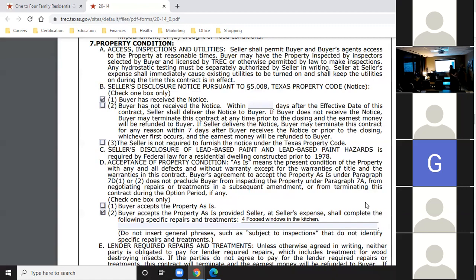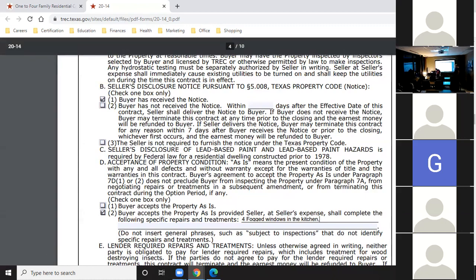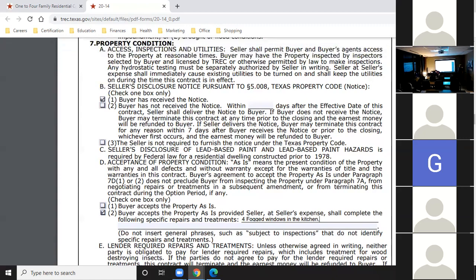And they said in the particular paragraph that they wanted to be able to put a pool after closing and be able to park their RV in the driveway. Okay, I see that too. I don't know. Would you put something as far as the pool and stuff in there? Oh, here we go. Let's see here.